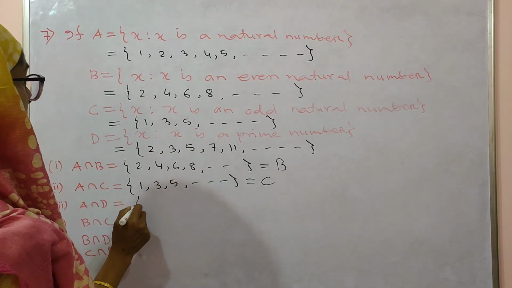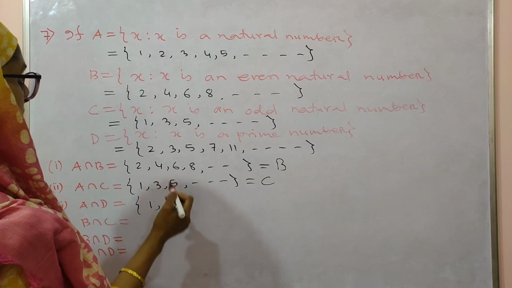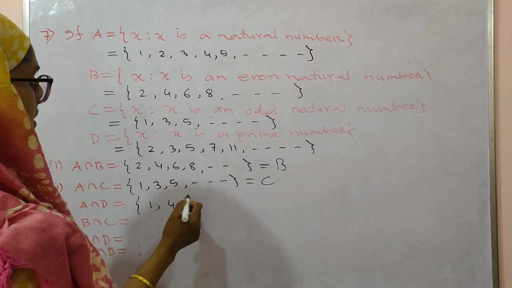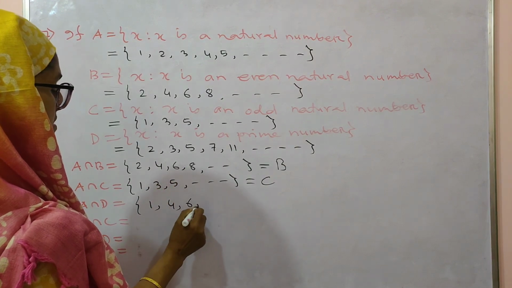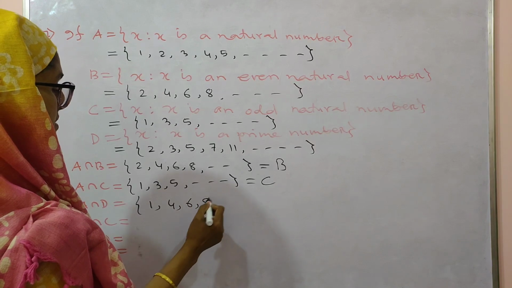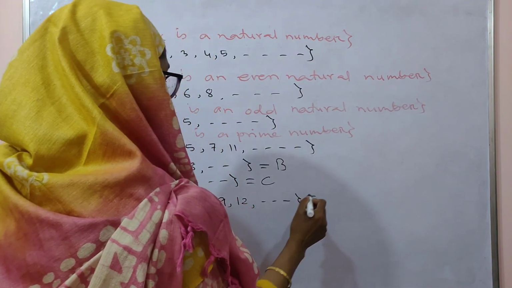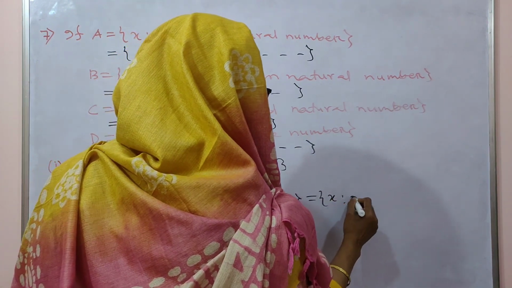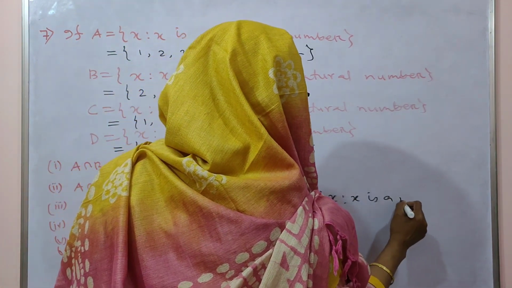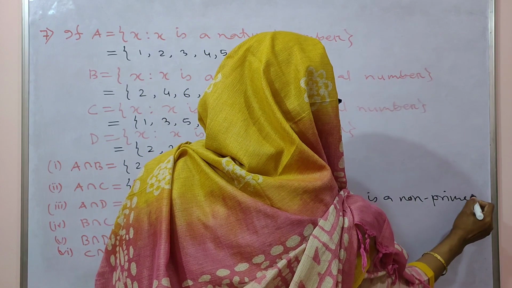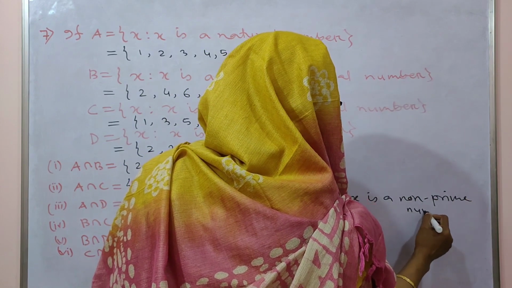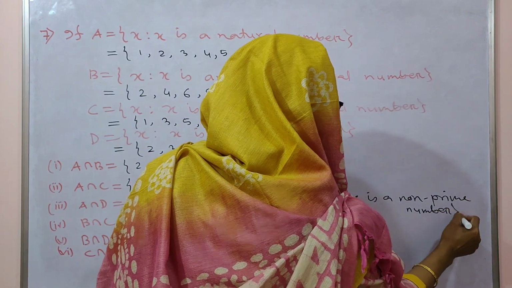That means you can write 1, 4, 6, 8, 9, 12, that is, x such that x is a non-prime number. You can write it in this way also.